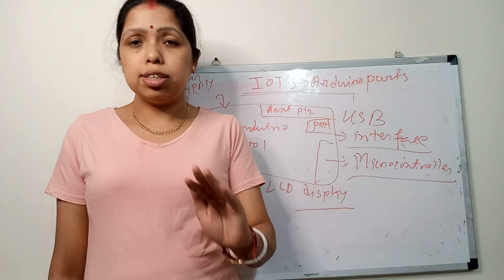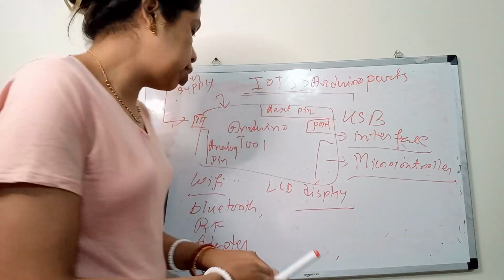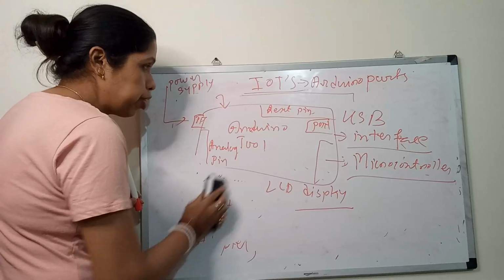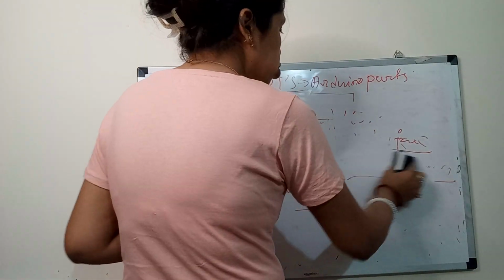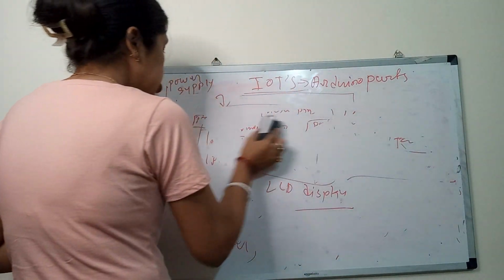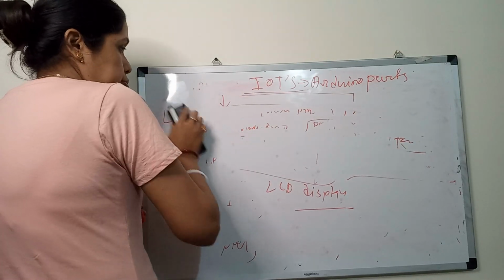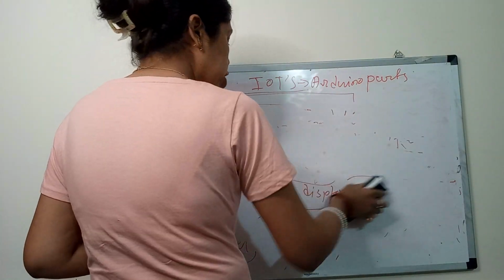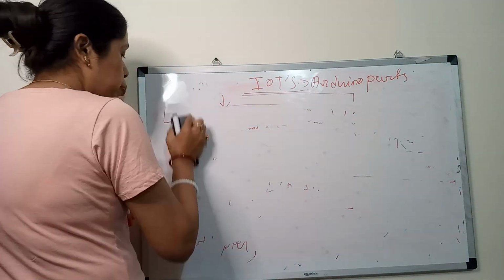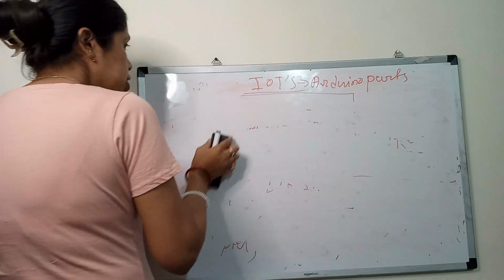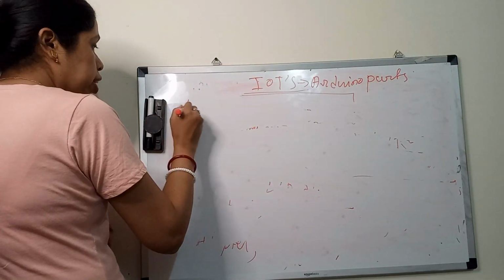Now come to some points related to Arduino. These are the limitations and the advantages of the Arduino. I told some other parts of this: in embedded systems or IoT, you can use the Raspberry Pi. And here, what are the limitations?